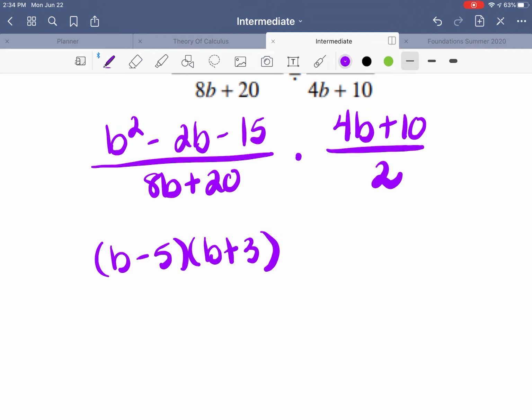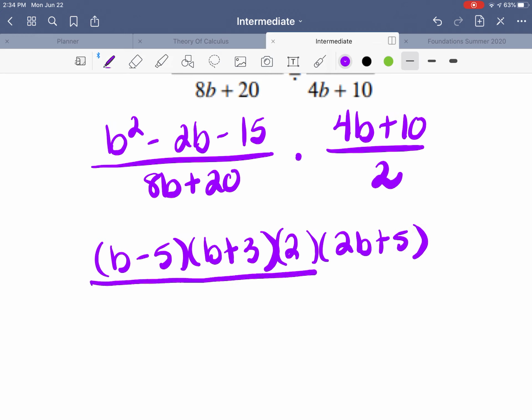This has a GCF. I'm going to pull out a 2, and I'm left with 2b plus 5 over, so I went ahead and multiplied those in one line.